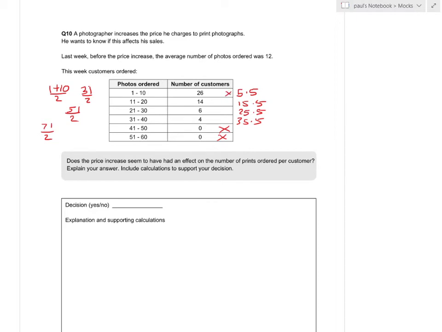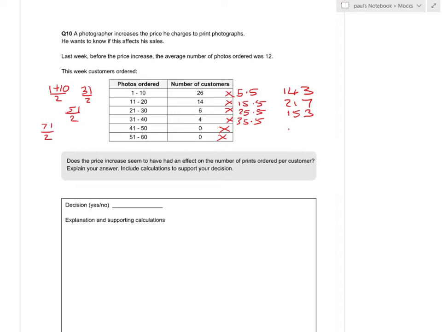So we just multiply these numbers together, and we get 26 times 5.5 is 143. 14 times 15.5 is 217. 6 times 25.5 is 153.